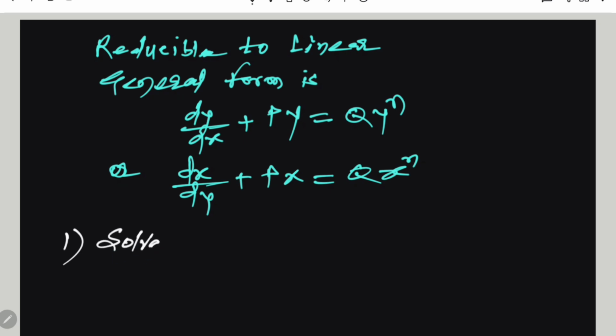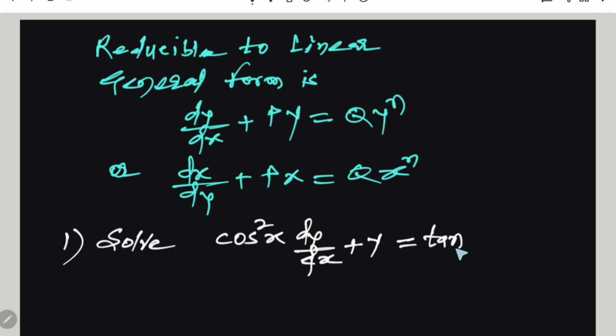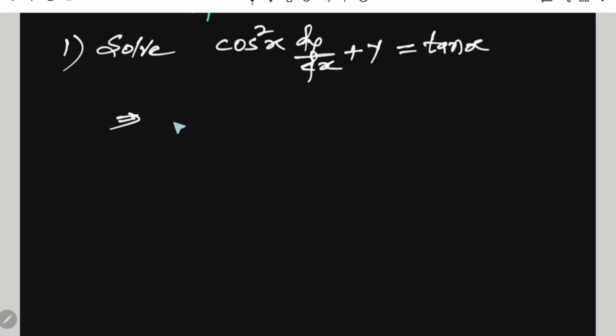Then we try to solve the given examples. Number 1, cos square x into dy by dx plus y is equal to tan x. Here we don't know the type of the equation, we have to identify it. Therefore, I will start with the check of exact, whether the equation is exact or not.